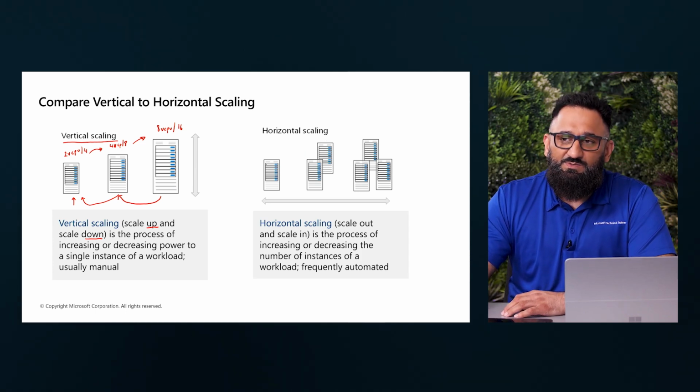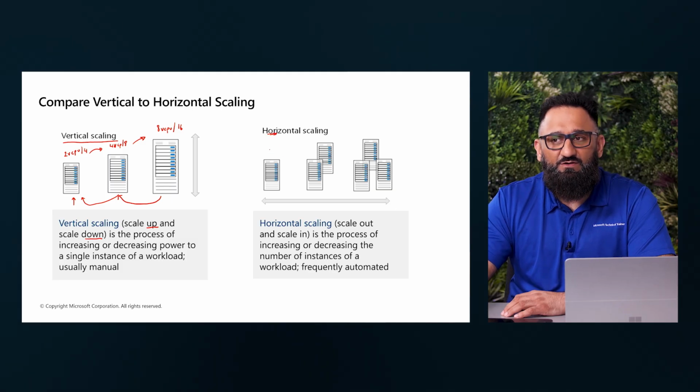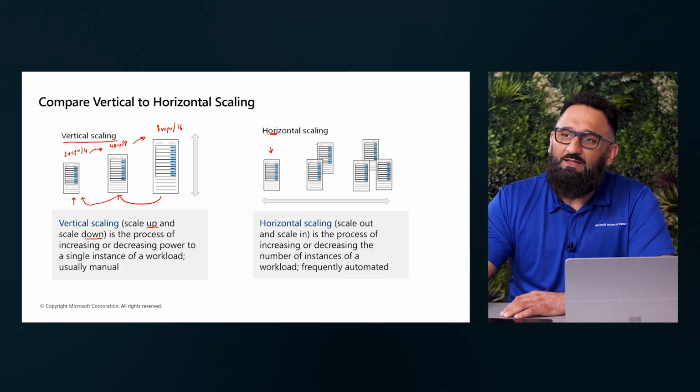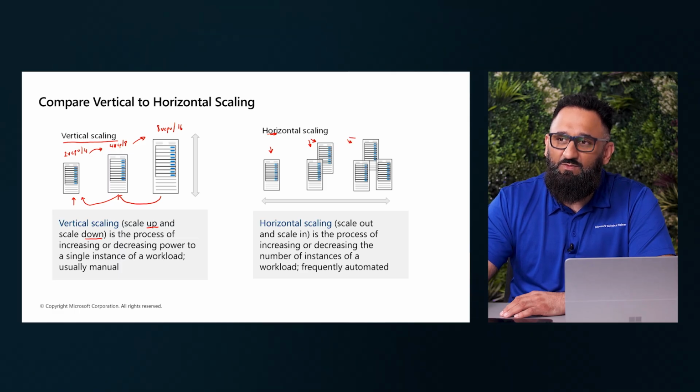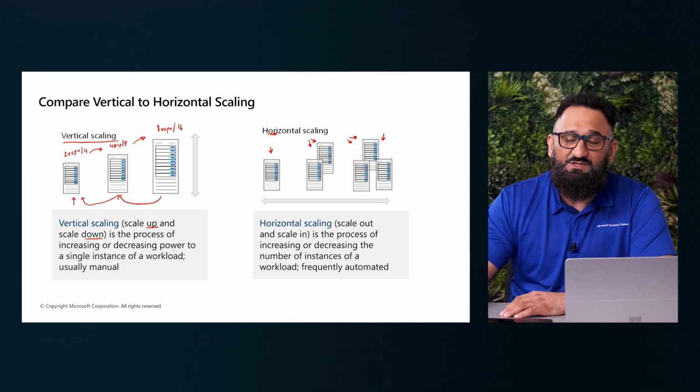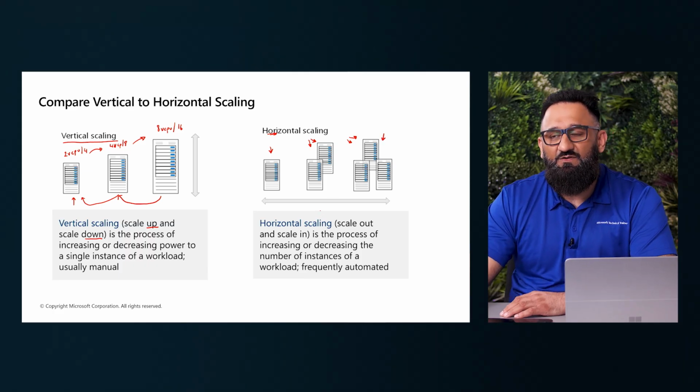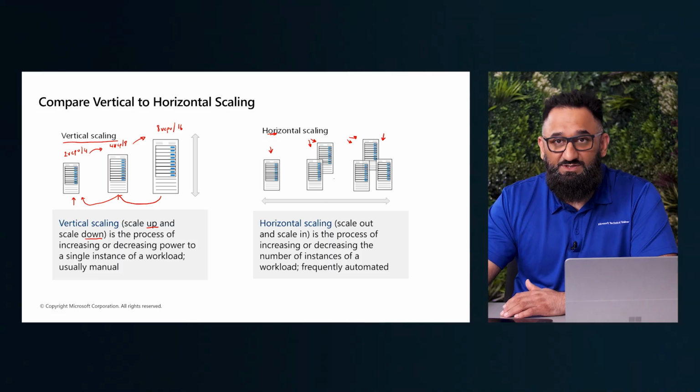Now the other way around would be looking at horizontal scaling. I have one machine running. It's not doing enough for me. I might need two instead of using one in my environment, or maybe three, or maybe even more than that. So we can look at creating multiple of these resources. This is something we refer to as scaling horizontally.